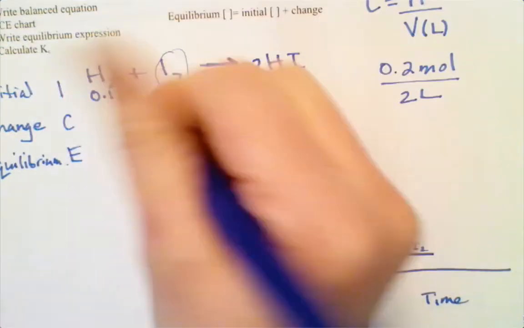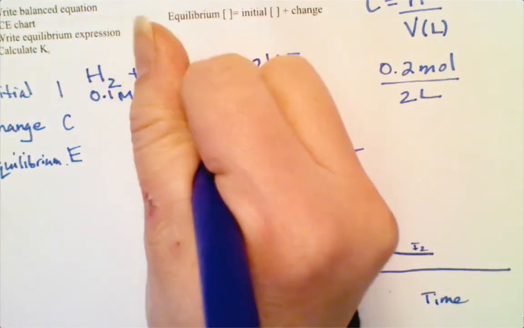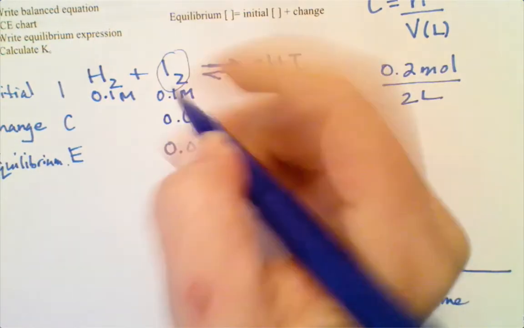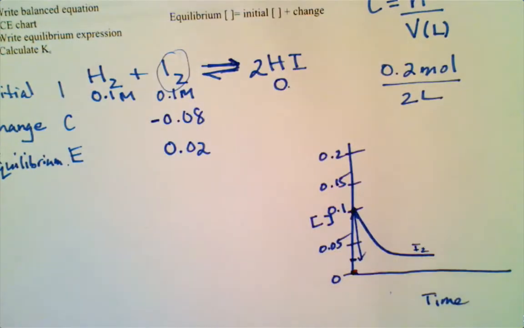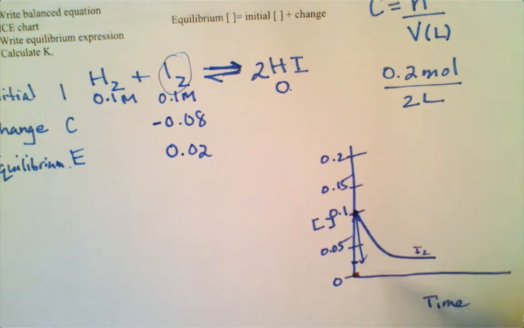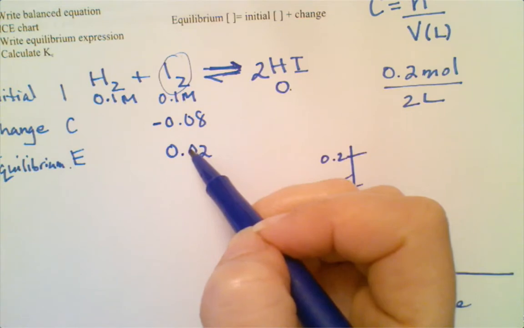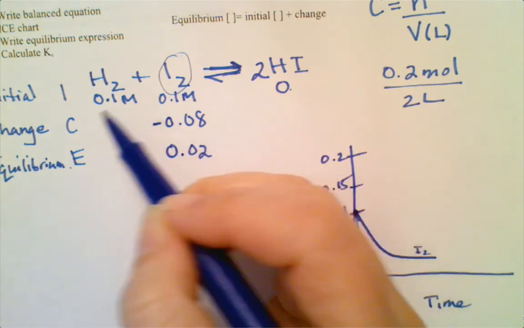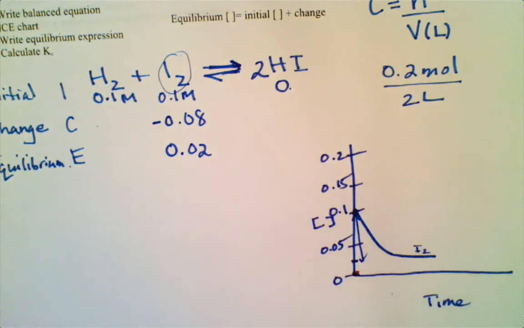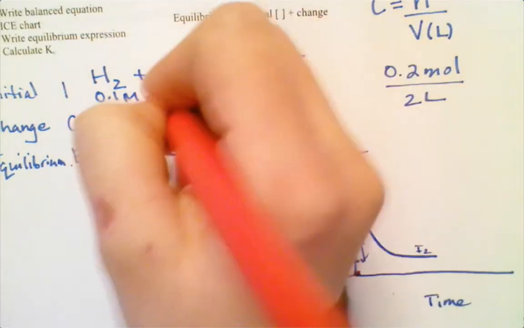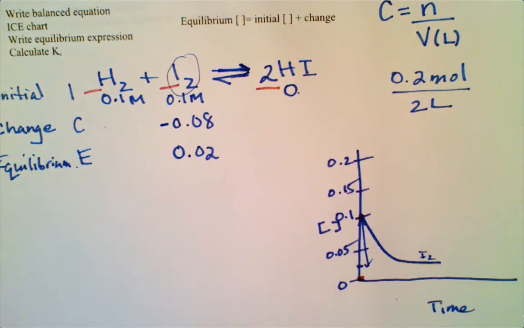So I put that in my change column. Because that is a drop in concentration, I put a negative value. So we dropped by that much. Now, if you know how much one of the items changes by, you can figure out how much all of the other items in your equilibrium equation change by, looking at your mole ratios, your coefficients.